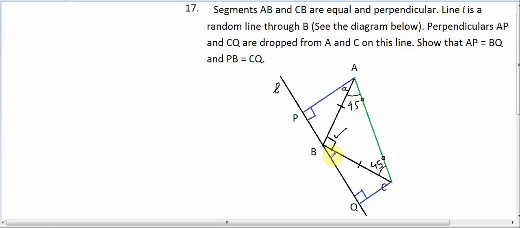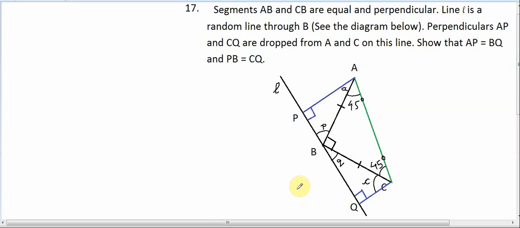So if this angle is 90 degrees, then the other two are 45 degrees each. So these two angles are 45 degrees. Let this angle be called C, small letter C. Let this be called Q, small letter Q, and let this angle be called P, small letter P.